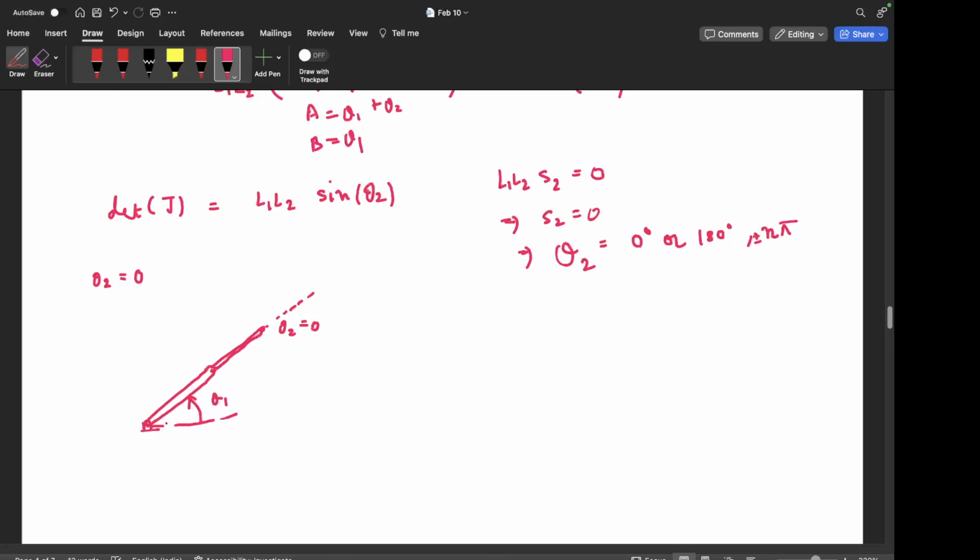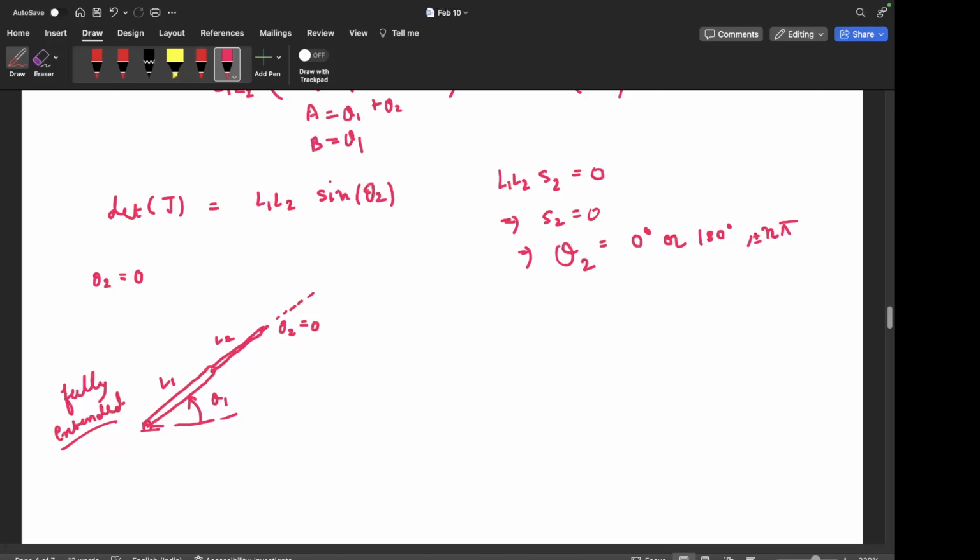So what is this configuration? It is fully extended, right? In this case, if this is L1, this is L2, the end effector is at a point L1 plus L2 distance from the origin.